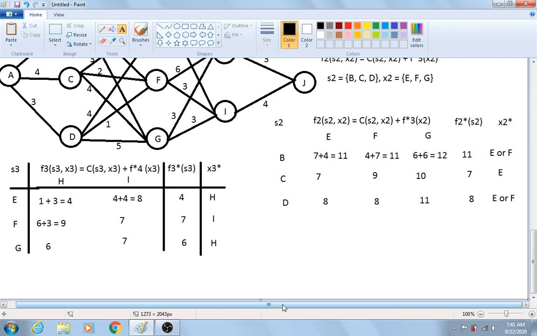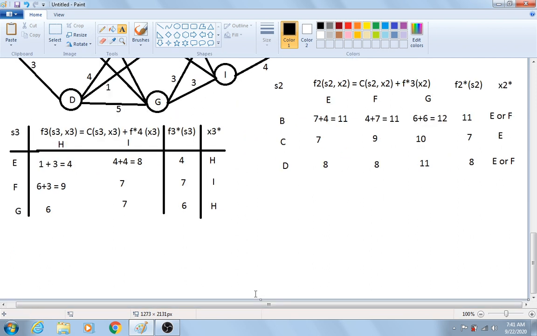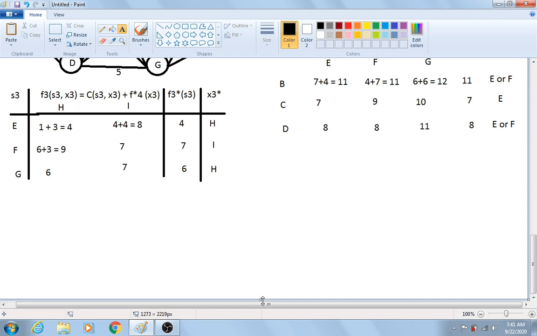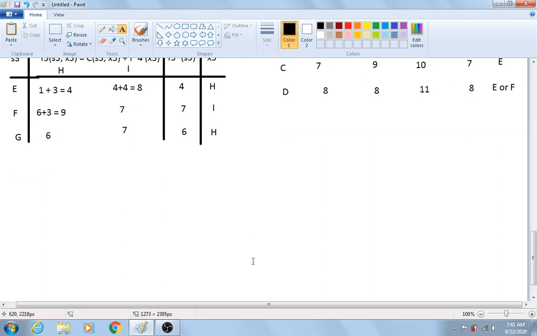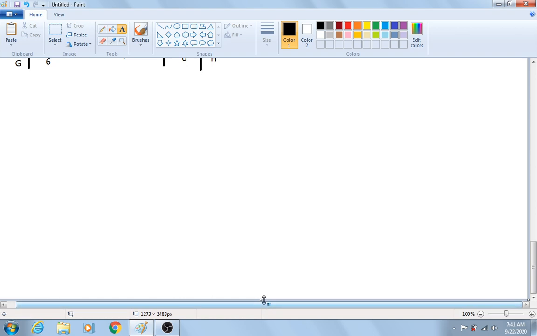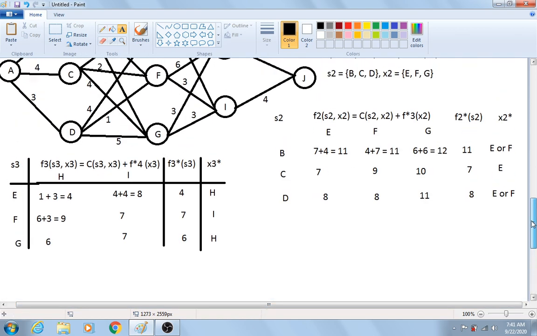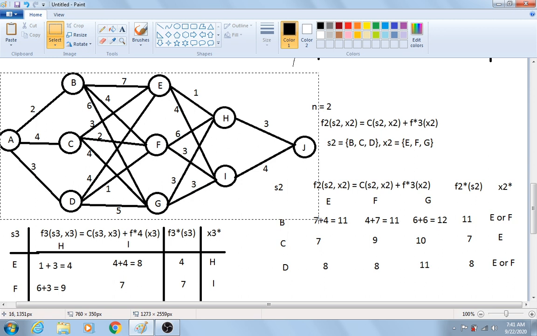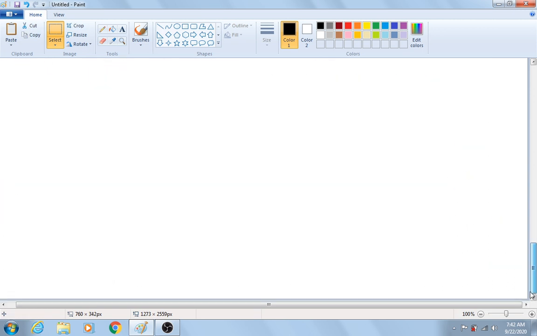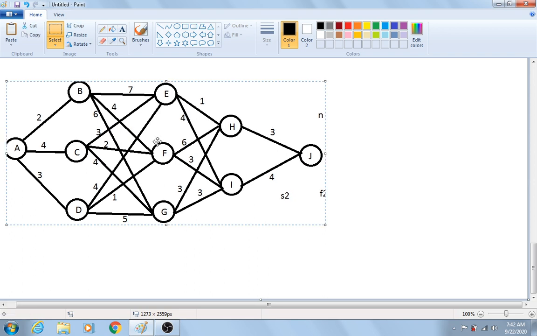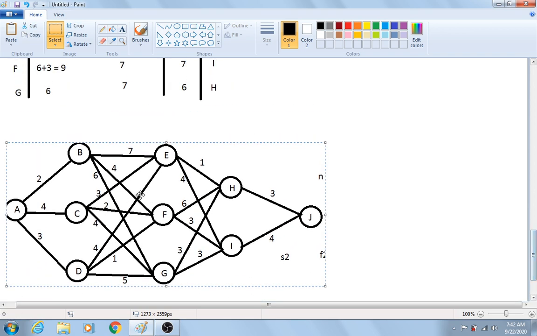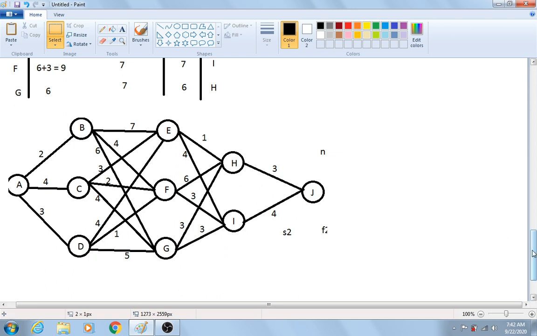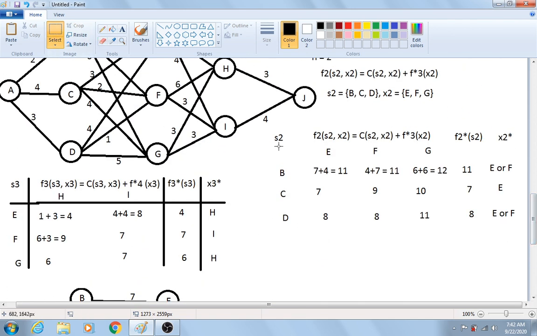And we need to continue to stage number 1. That is our last stage. I'm going to need the road system, and stage number 2.